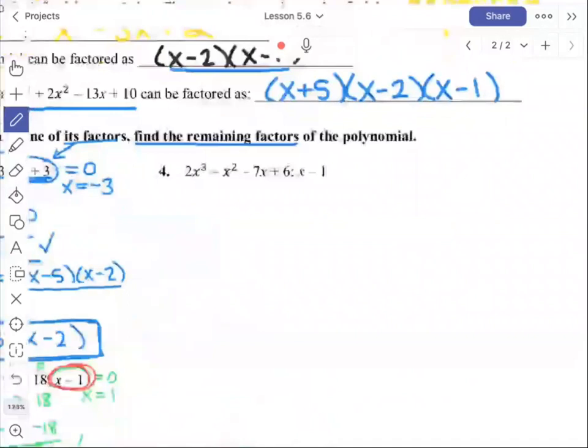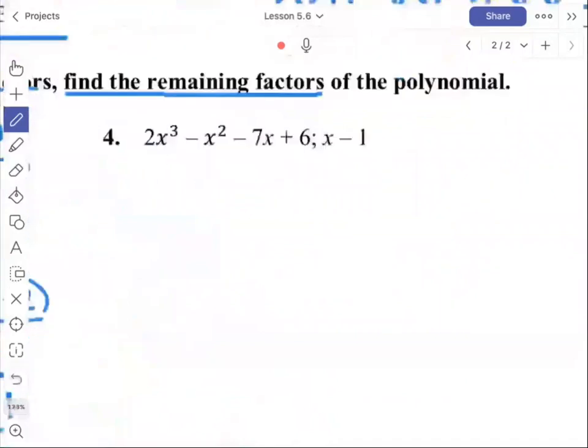So the number on the outside would be 1. Perfect, good. And then what numbers go on the inside? They'd be 2, -1, -7, and 6. Good. Do I need any zeros in that one? No, we don't. Good, nice. Okay, keep going, Russell.